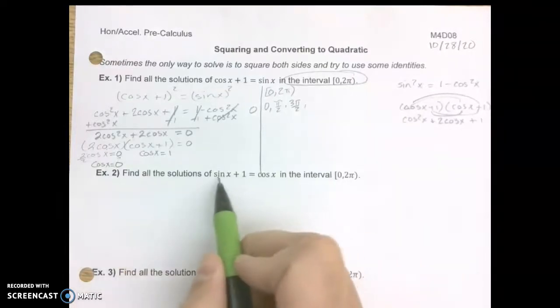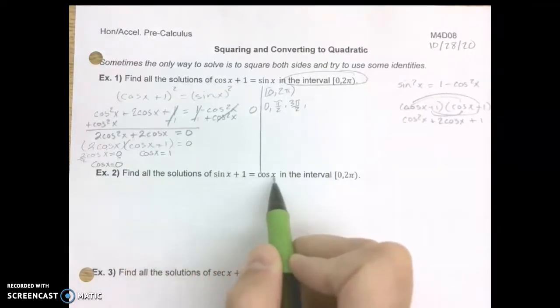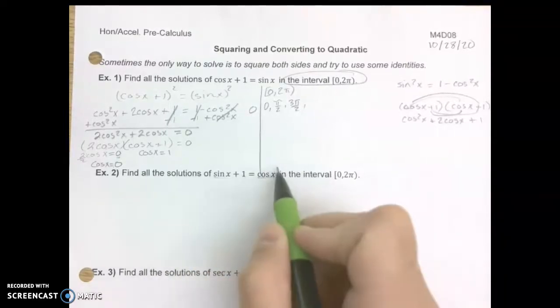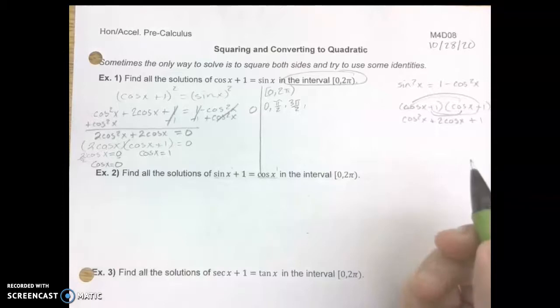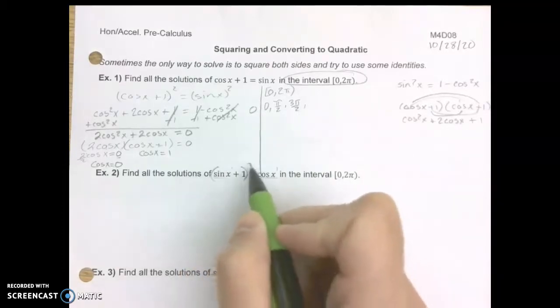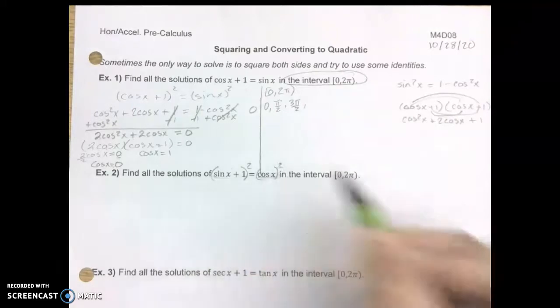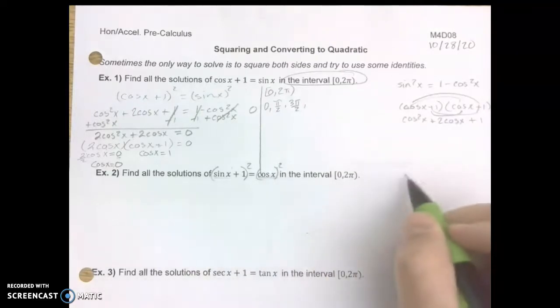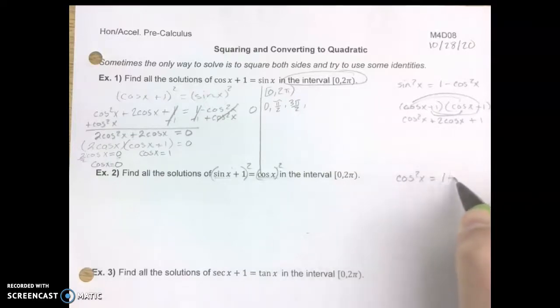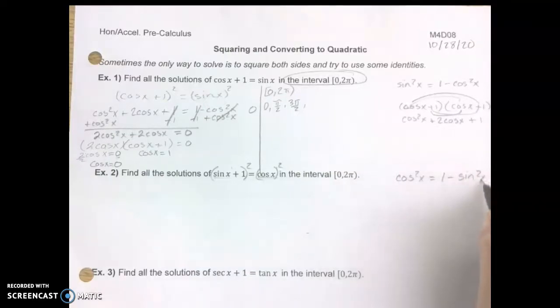Okay, here's another one. I have sine of x plus 1 equals cosine of x. Again, I have a sine, I have a cosine, they're both to a power of 1, and the only way that I'm going to be able to really solve this is to square both sides of the equation. And I know that cosine squared x is equal to 1 minus sine squared x.